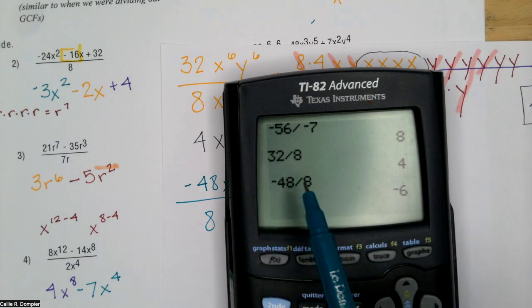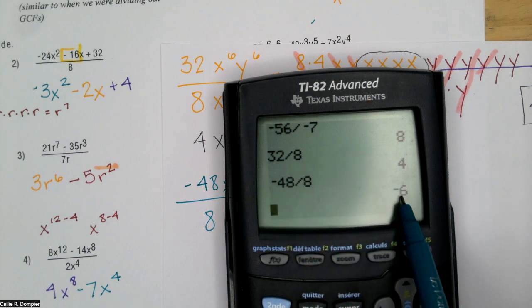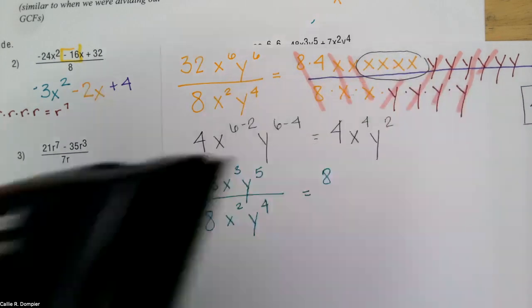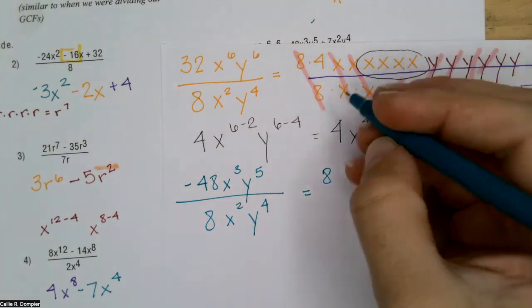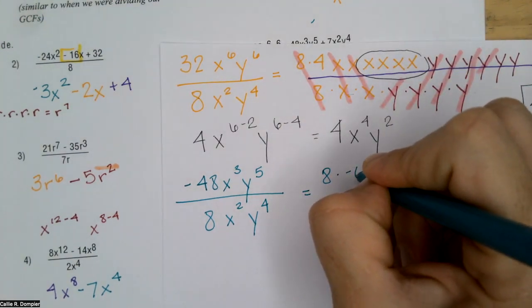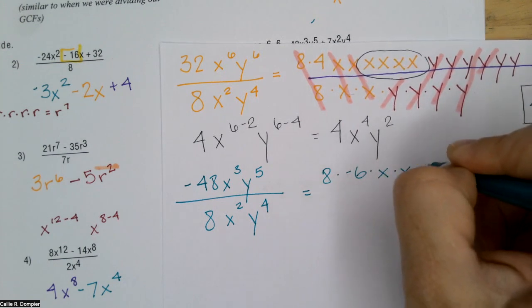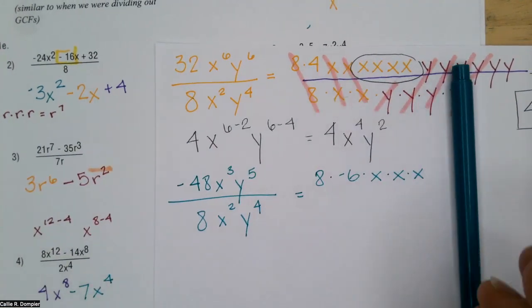Fact families? 48 divided by 8 is negative 6. 8 times negative 6 is negative 48. It's supposed to be negative 6. It's supposed to be fact families, and I can't do it justice. All right, 8 times negative 6 times 3 x's and 5 y's.